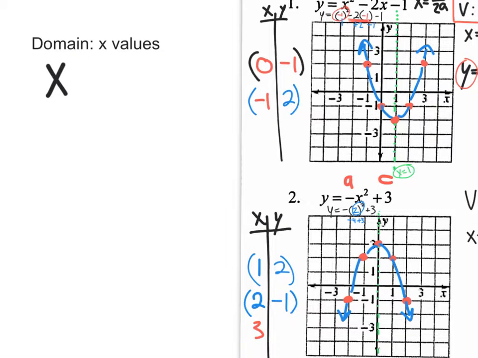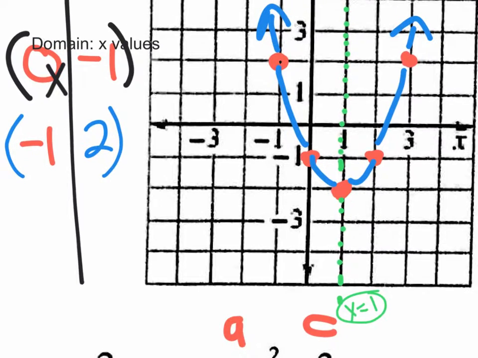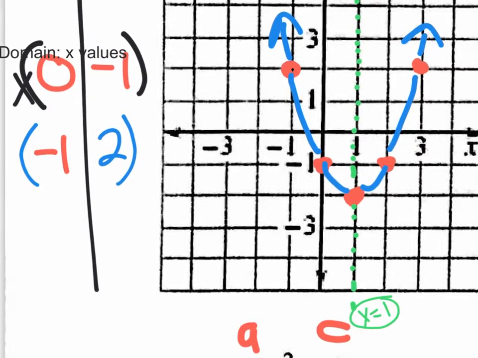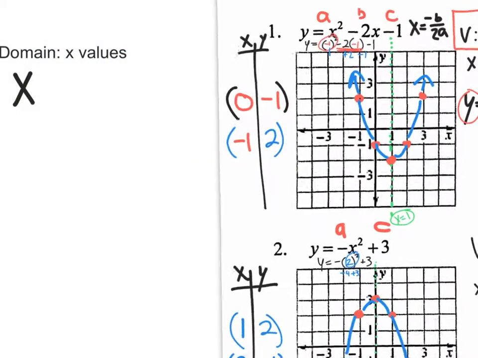Okay? So, like if I take a look at these coordinates, there is the x value of 0 because this coordinate has 0, negative 1. It has the x value of negative 1. It has the x value of 1, of 2, of 3. And technically, you're going to have as many x values as you want.